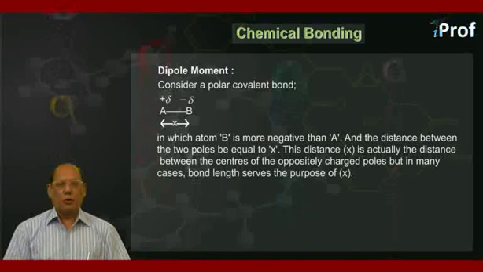Consider a polar covalent bond shown here, in which atom B is more negative than A, and the distance between the two poles is equal to x. This distance x is actually the distance between the centers of the oppositely charged poles, but in many cases bond length serves the purpose of x.